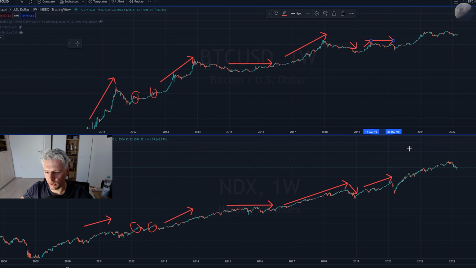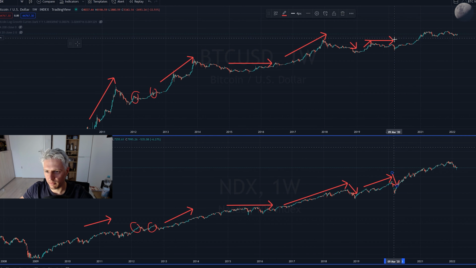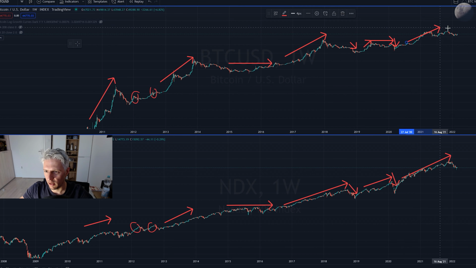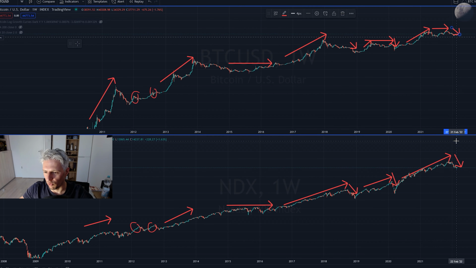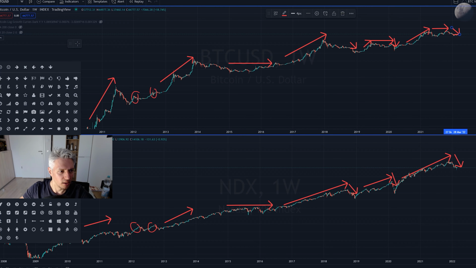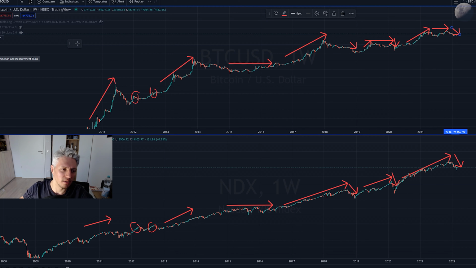And then we had this COVID crash here. And since then, Nasdaq is just pumping like crazy, and Bitcoin is also pumping like crazy. And then it was dumping again, and Bitcoin was dumping again. What a coincidence. So we can see there's a very, very strong correlation. This cannot be a coincidence, right?